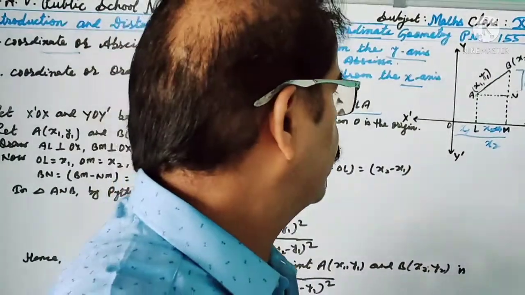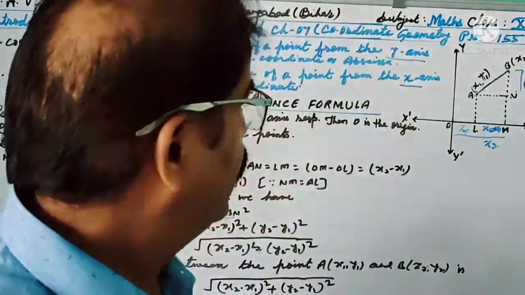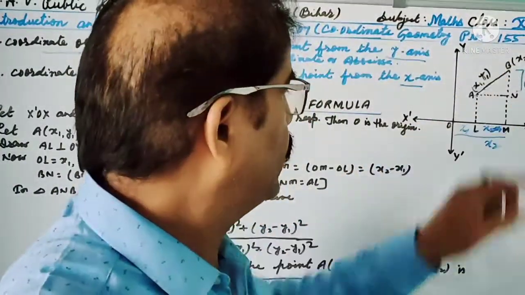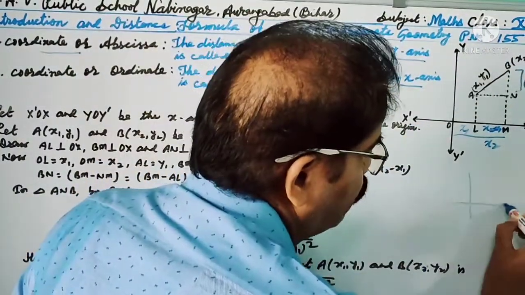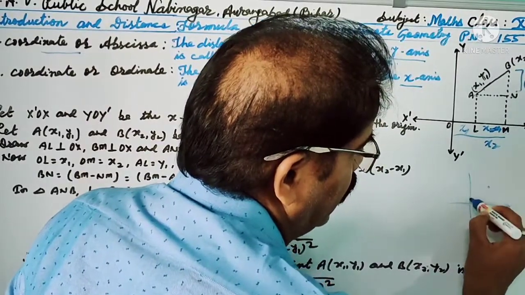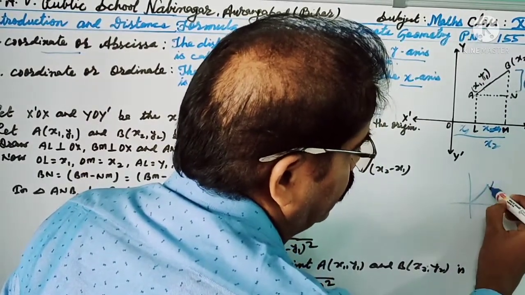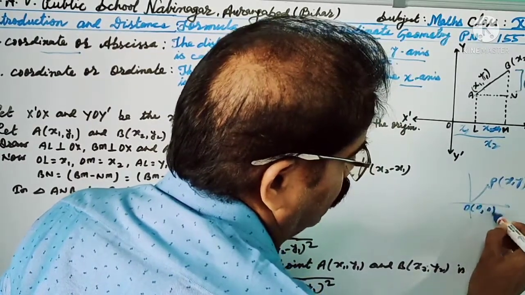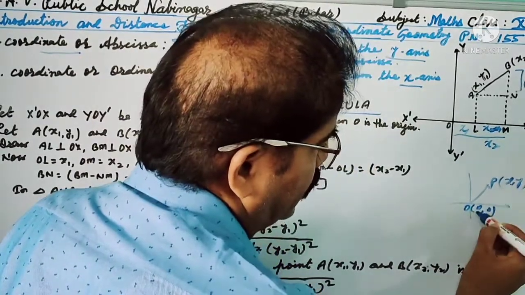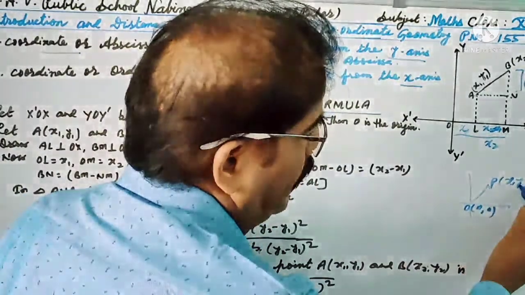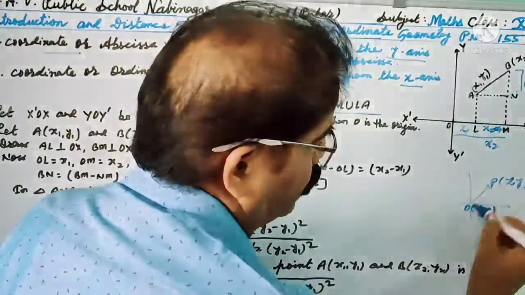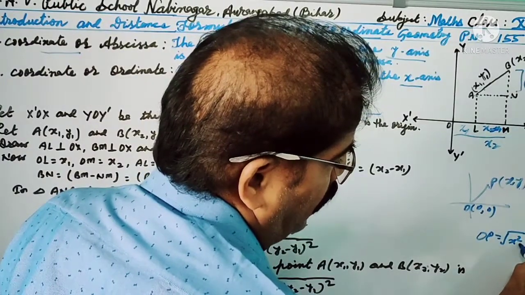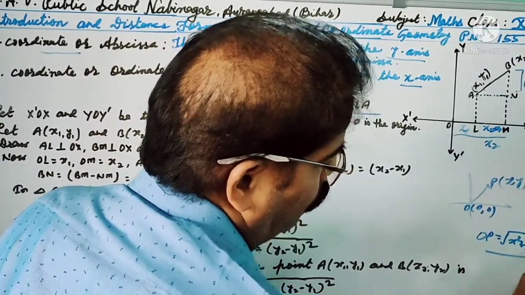Dear students, if we want the distance from the origin to any point in a Cartesian plane, suppose the point P is x, y and the origin O is 0, 0, then x minus 0 square plus y minus 0 square, that is OP equal to under root x square plus y square.